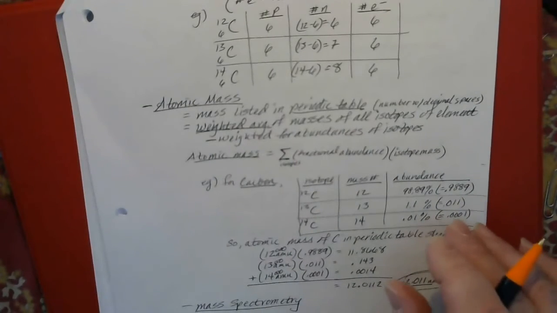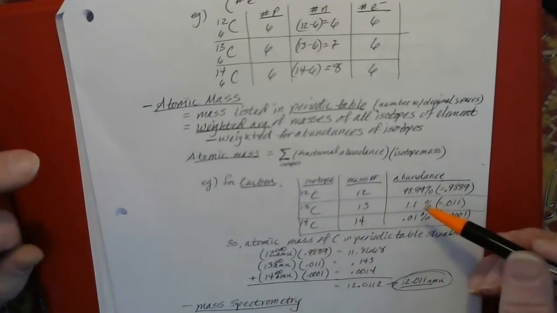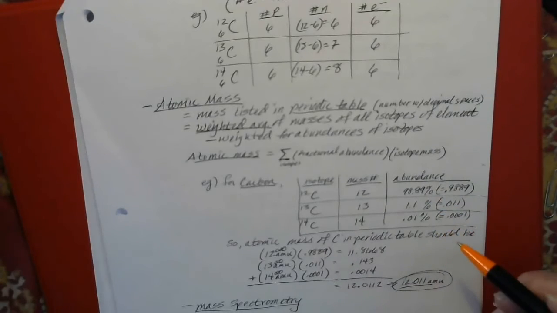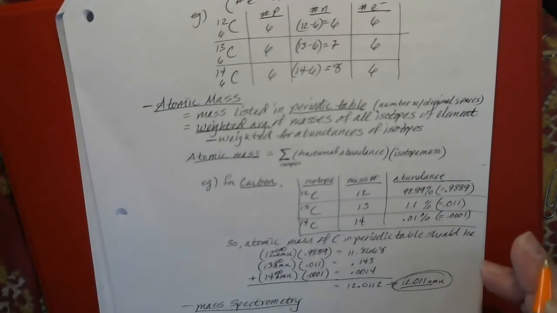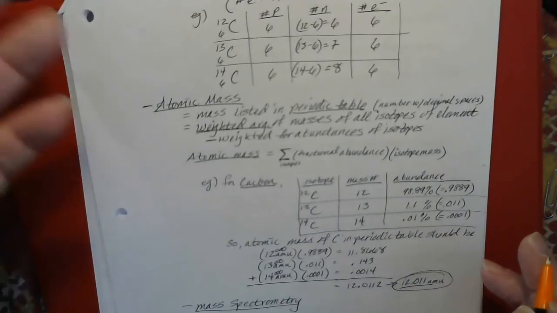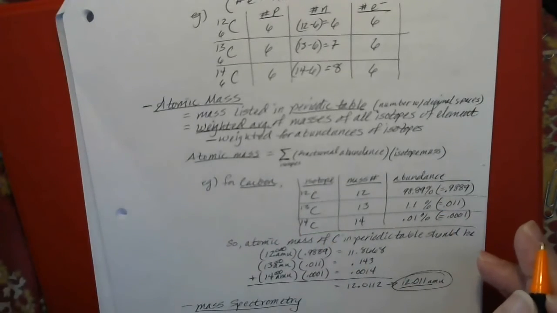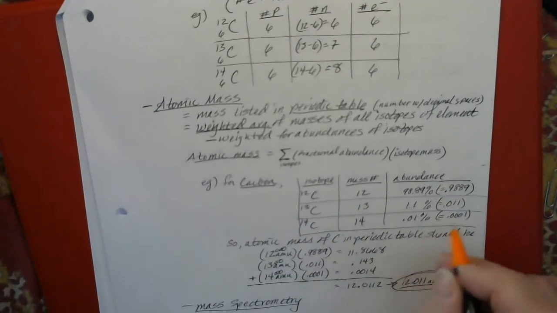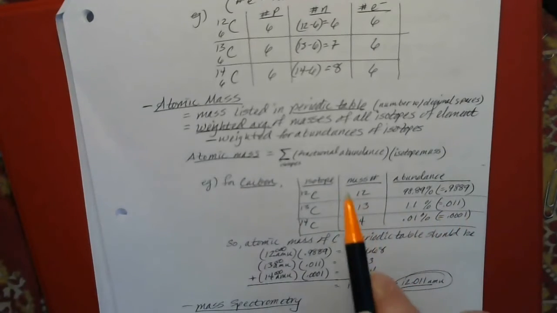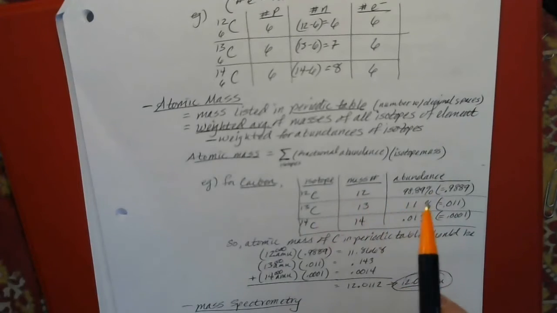So maybe in the case of carbon, 99% of all carbon atoms are carbon-12, but then about 1% are carbon-13, and a trace, like 0.01% rather, are carbon-14. So you have to take those masses and multiply them by the abundances and then add all that up.